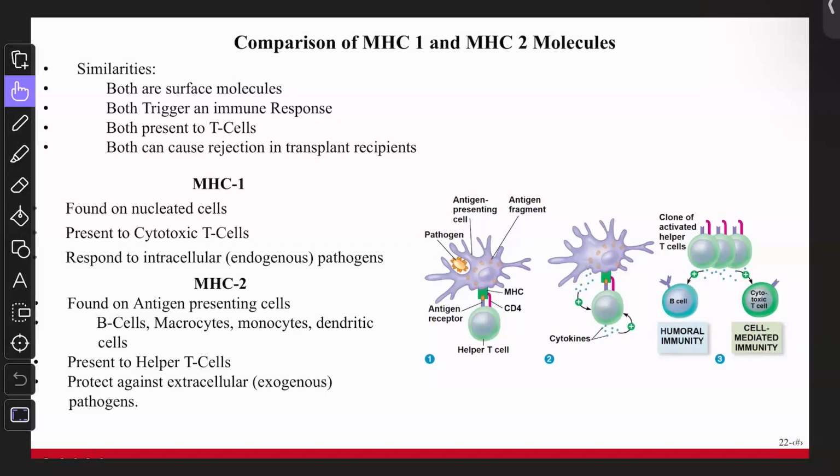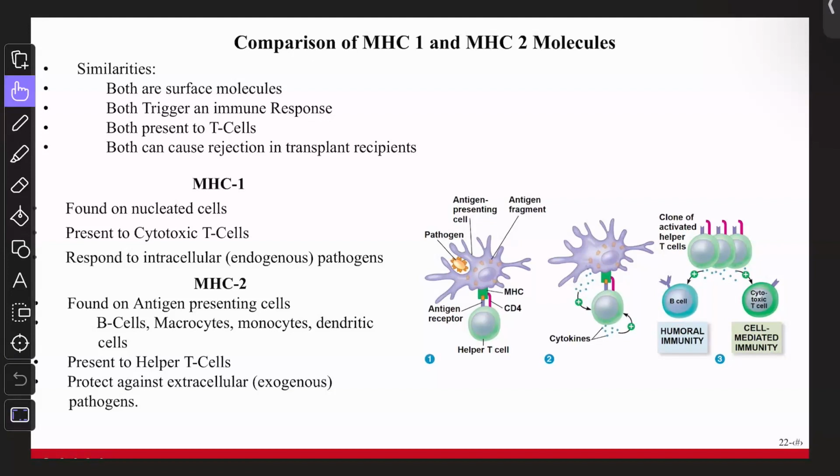So if I'm a B cell and I'm hanging out with my other B cell buddies and I come in contact with an extracellular pathogen and I generate an MHC2 molecule on the outside of my cell, I cannot then also make an MHC1. But my other B cell buddy over there can make an MHC1 if they encounter an intracellular pathogen. Does that make sense?